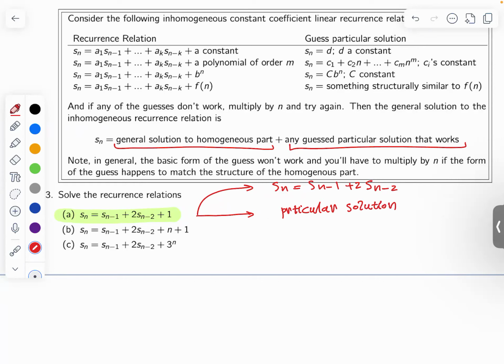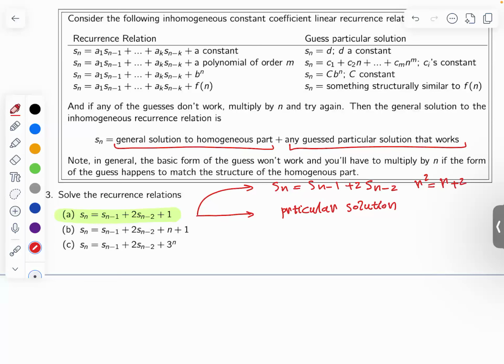So the characteristic equation of this one, as you said, equals r plus 2.